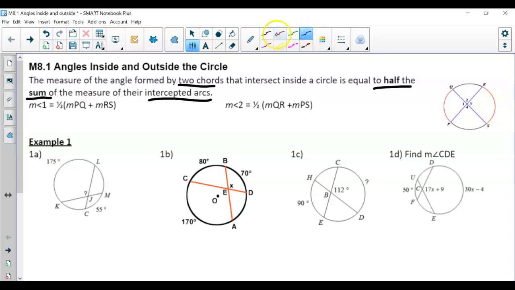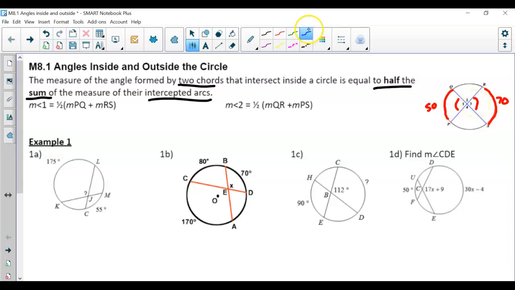So like here, for example, angles 1 and 3 create arcs PQ and SR. If we're looking for the angle measure, let's say QP is 50 and SR is 70. We are going to add the two arcs and then halve it. So this is 120 divided by 2, which is 60. So these two would be 60 degrees.